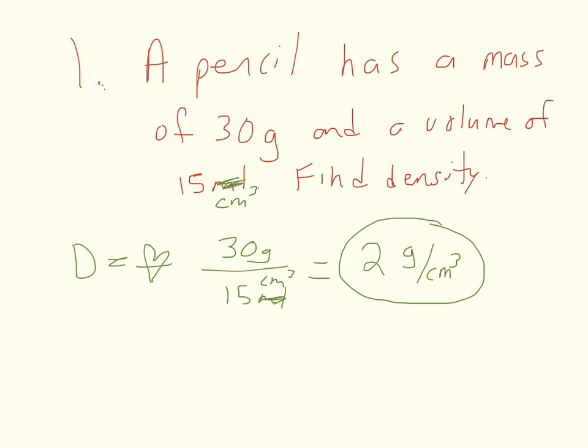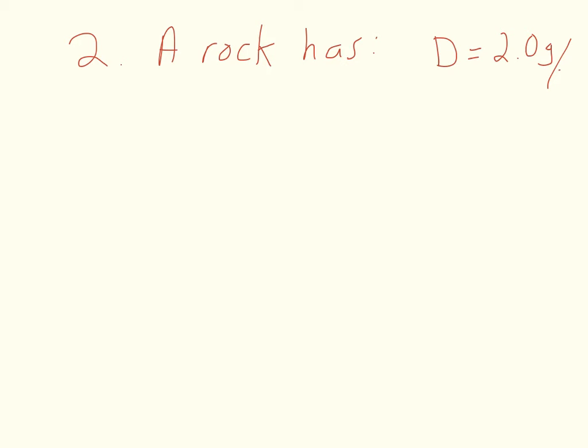Alright, let's try another one. Number 2. We're going to say that a rock has, I'm just going to label this, density equals 2.0 grams per centimeter cubed, and the volume is 50 centimeters cubed. And it's going to ask to find mass.